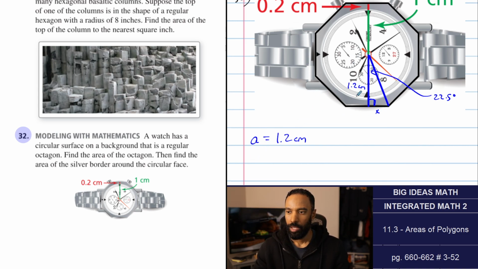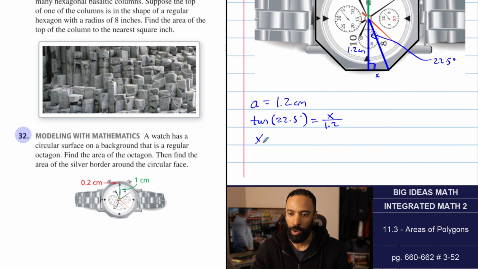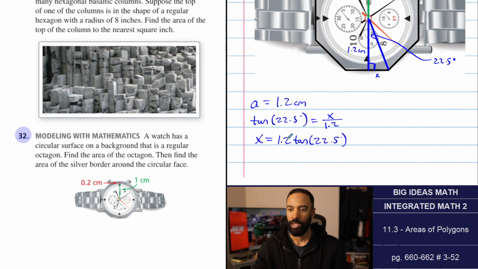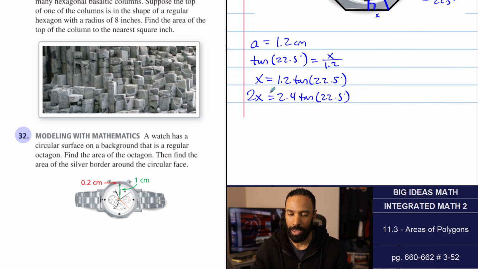So, tangent. We can take tangent of 22.5 degrees and get x over 1.2. That's the centimeters of the apothem. So x is 1.2 times the tangent of 22.5 degrees. We double that to get 2.4 times the tangent. That's the side length. And the perimeter will be 8 times that.